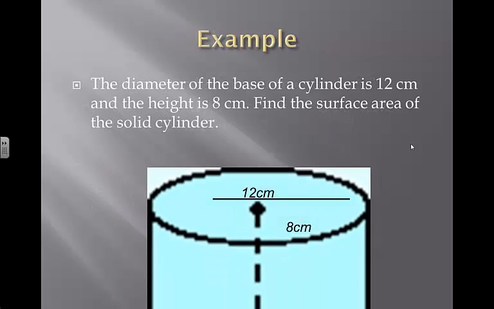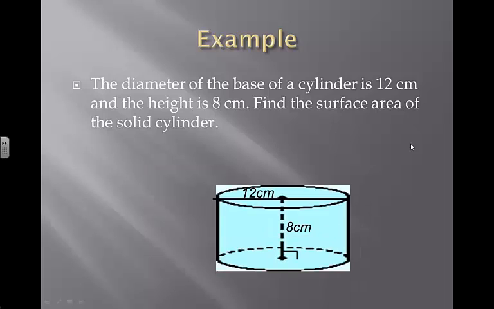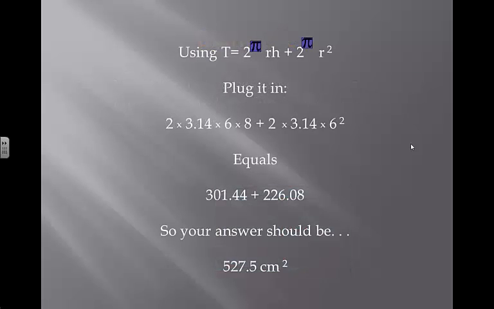So, let's look at this one. The diameter of the base of a cylinder is 12 centimeters and the height is 8. Find the surface area of the solid cylinder. Remember, the total surface area equals 2 times pi times radius times height plus 2 times pi r squared.